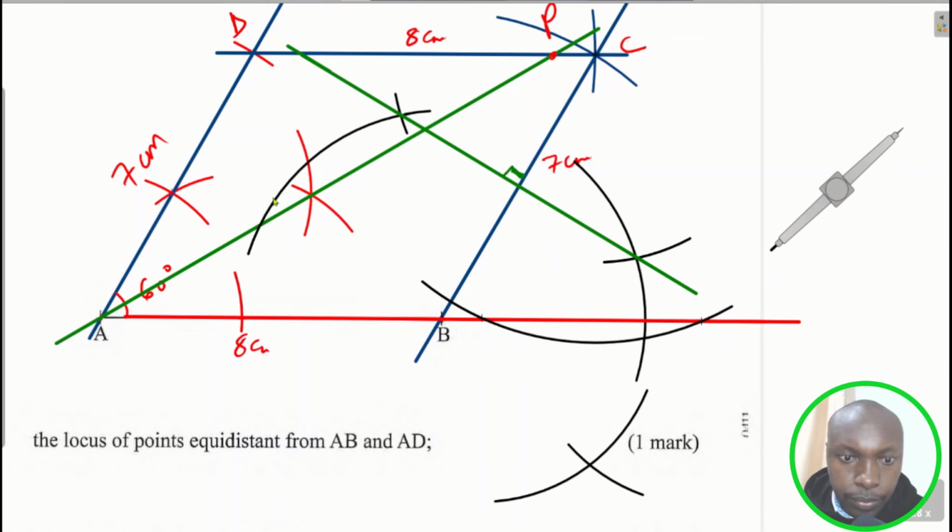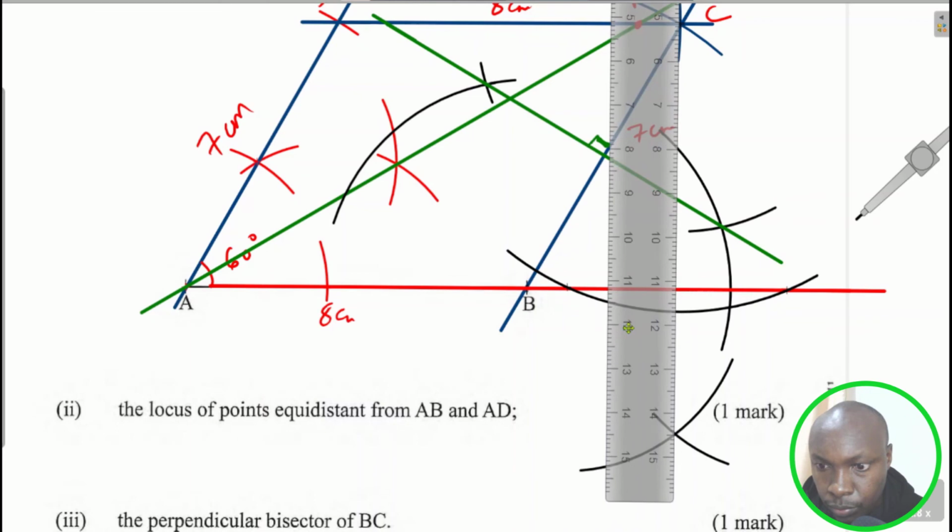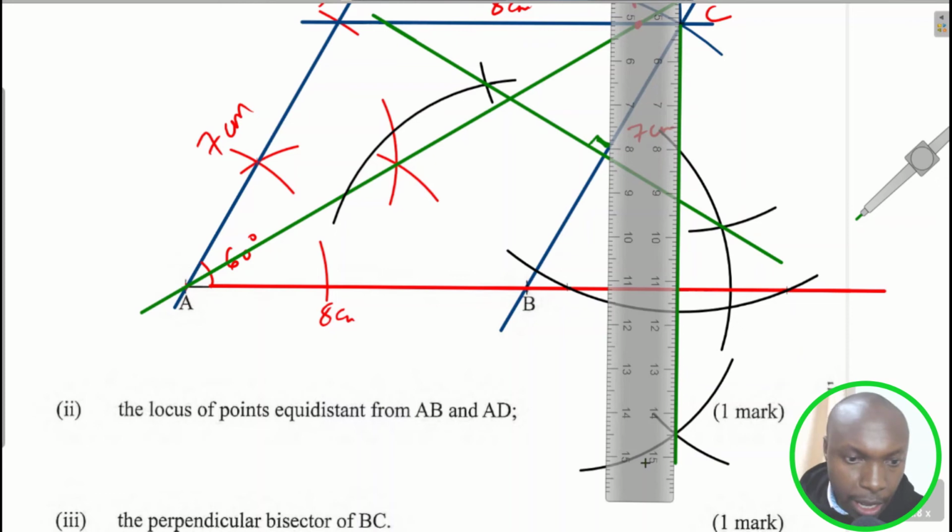Then from there I can take a ruler and join. So from point C I drop that perpendicular, and that will give the perpendicular height of that trapezium.